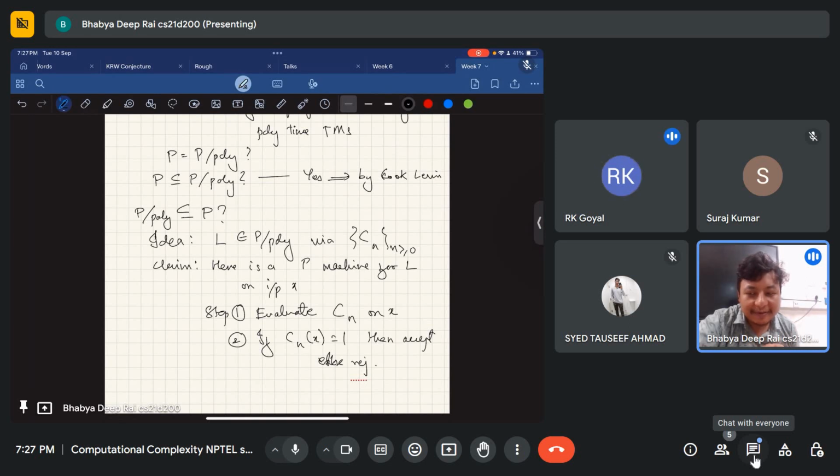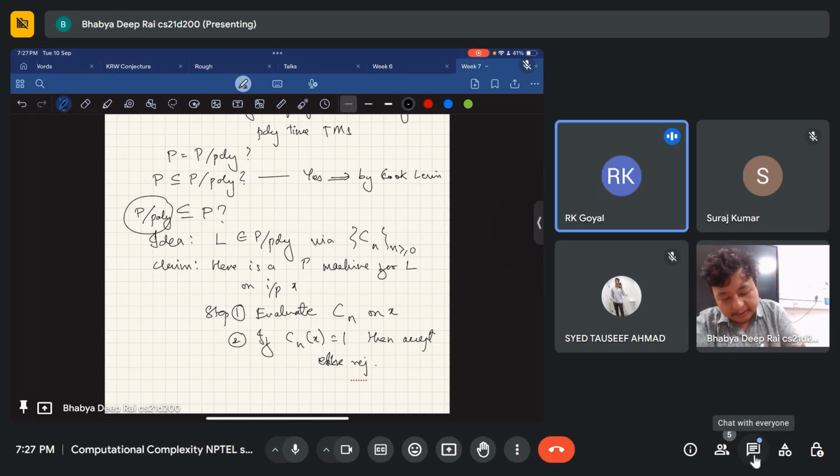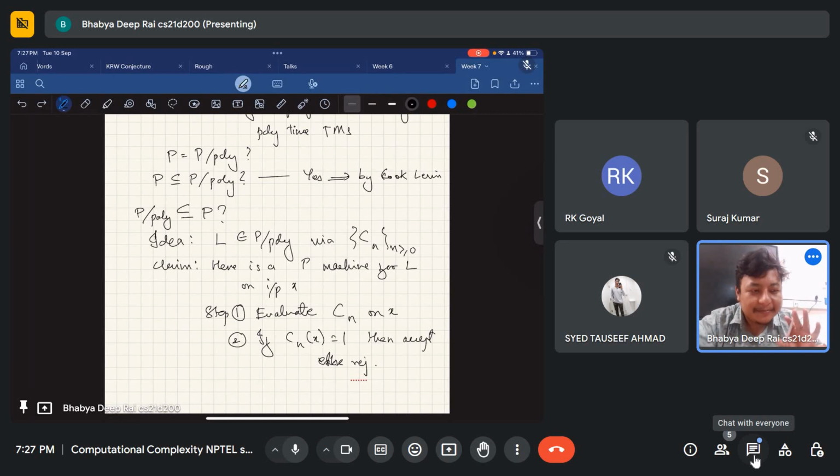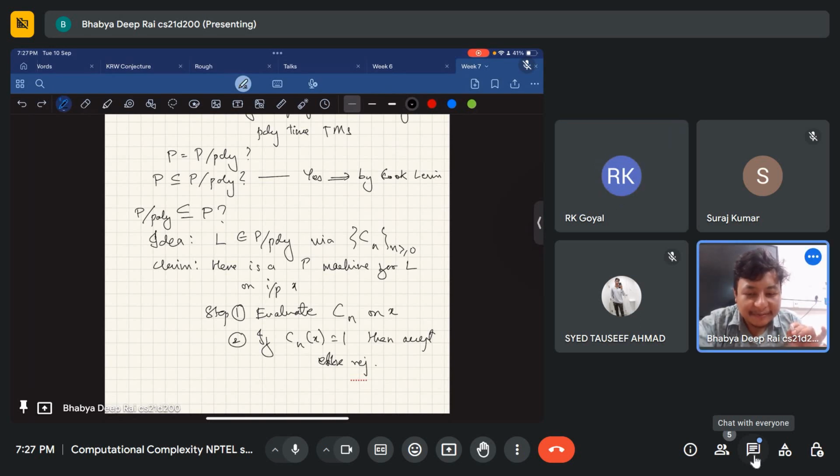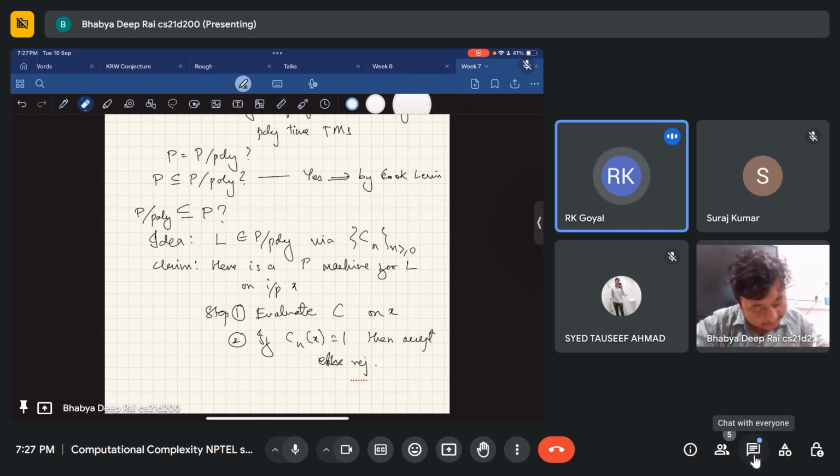We should show that a language in P/poly can be simulated by a Turing machine which runs in polynomial time, right? Yes, the direction is correct. But in step one, we are evaluating Cn on the given string x, which takes polynomial time in n, and else it is rejected.